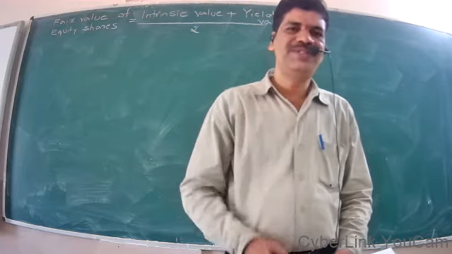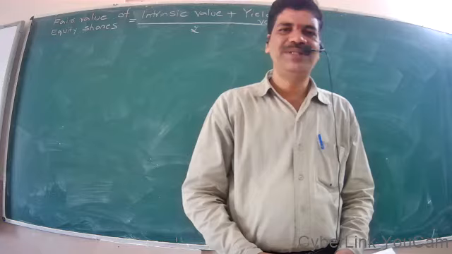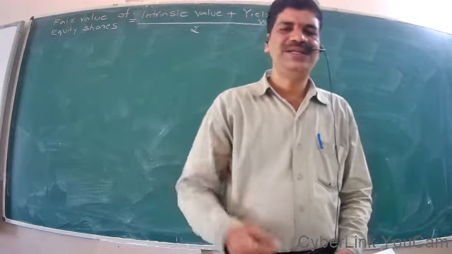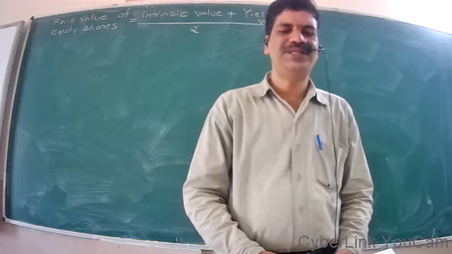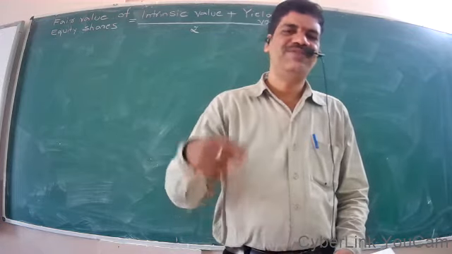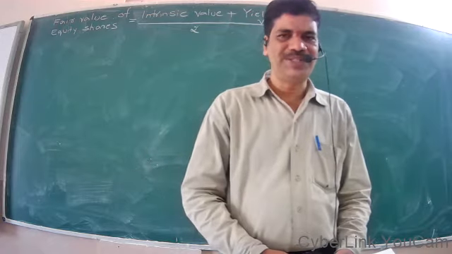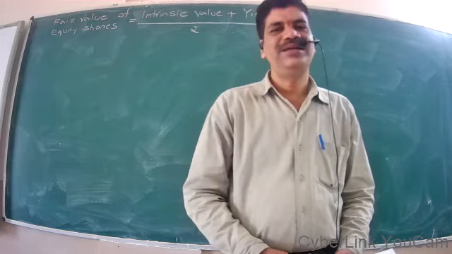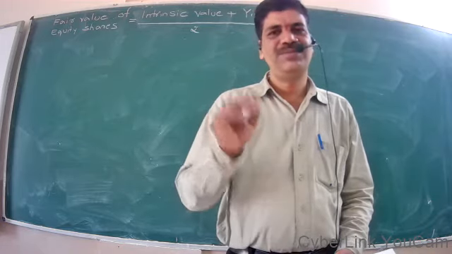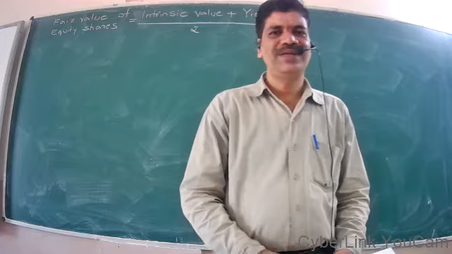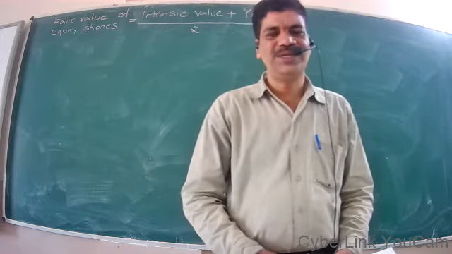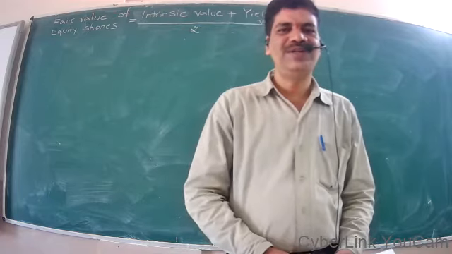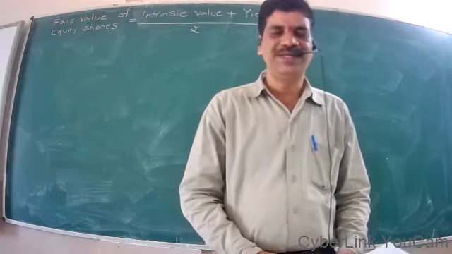Under the first method, the intrinsic value method, first you need to arrive at the value of the equity share. Then under the yield method, you need to ascertain the value of the equity share. And finally, you have to take the average, by adding the equity values under both methods and dividing by 2. So you get the average of the value of the equity share under this method.